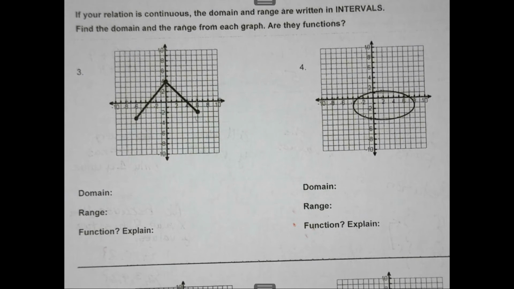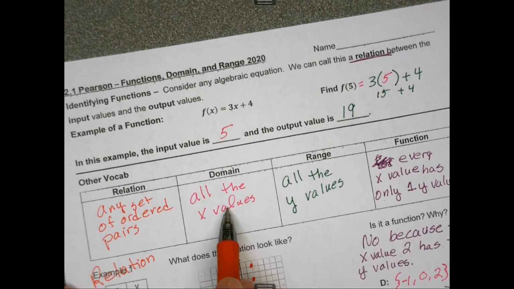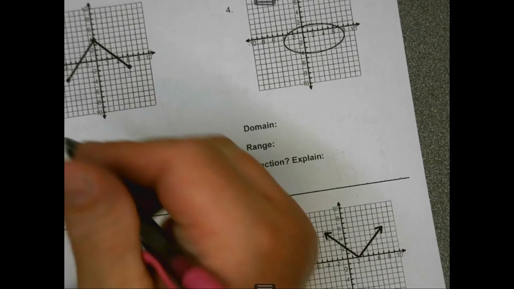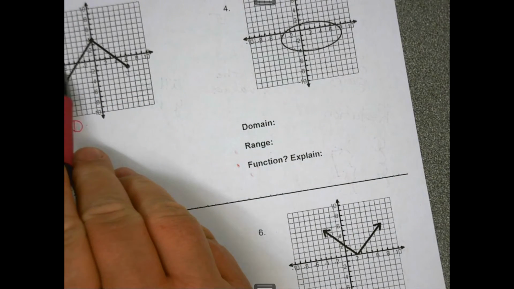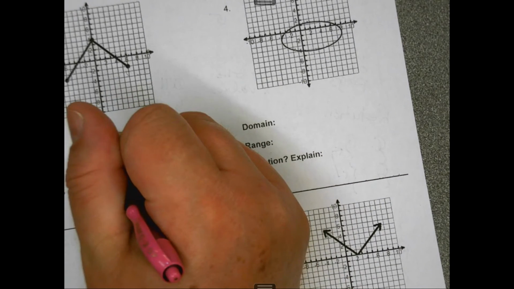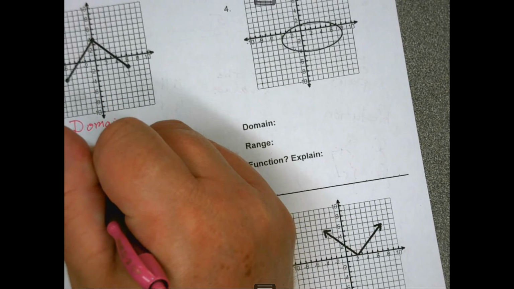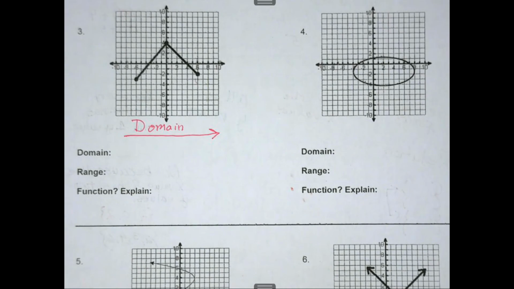Let's talk a little bit about the domain. If you remember, the domain are all the x values. I'm looking at the x-axis, and the domain is going to go from left to right, like the way we read.